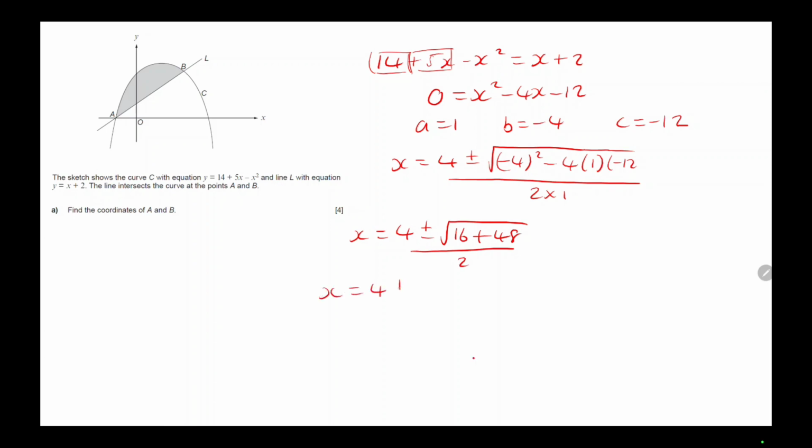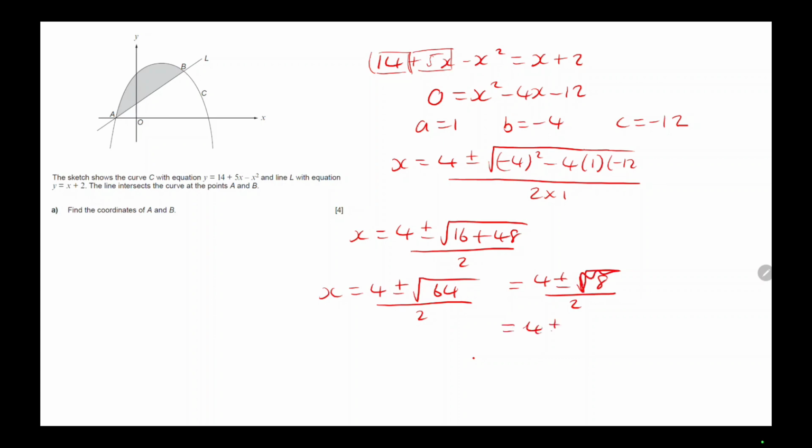This gives us the following: 4 plus or minus the square root of 64 all over 2, which gives us 4 plus or minus. Now this one you could run through the calculator, or you could actually square root, which gives us 8 over 2. Sorry, there's no square root symbol there.